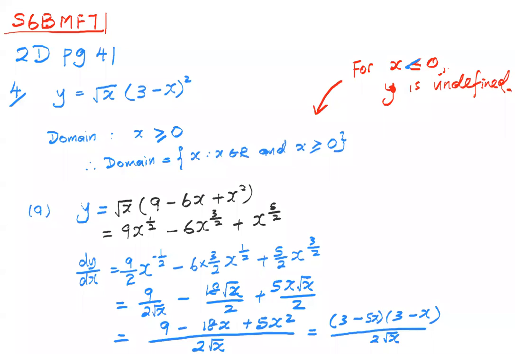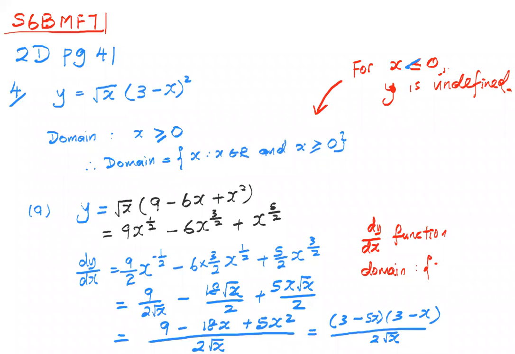And for the dy dx function, correct? Listen up. For the dy dx function, because the square root is at the bottom, the domain will be different from the y.